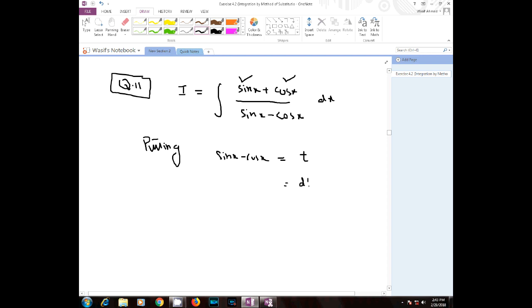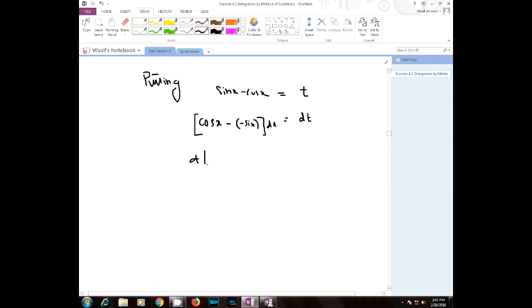This means that dt is equal to the derivative of sin x is cos x, minus the derivative of cos x is minus sin x, multiplied by dx. So this means that dt is equal to cos x plus sin x or sin x plus cos x dx.